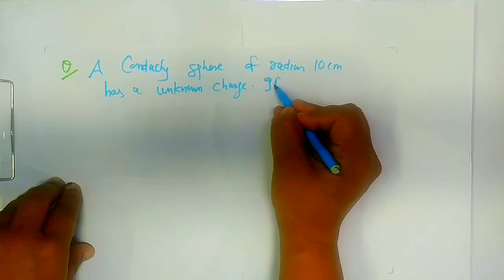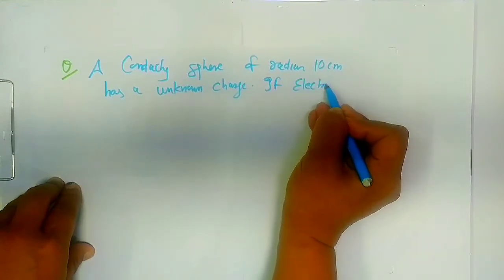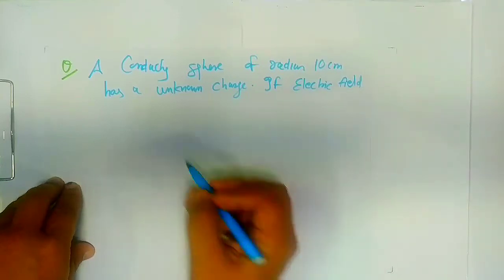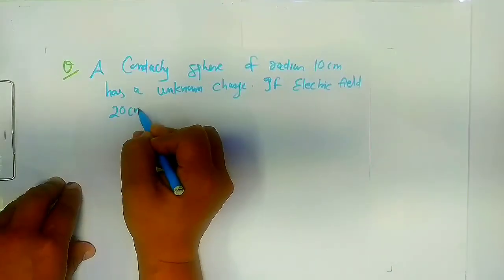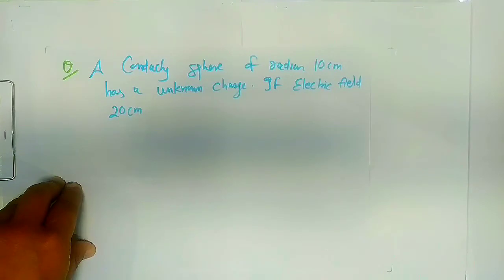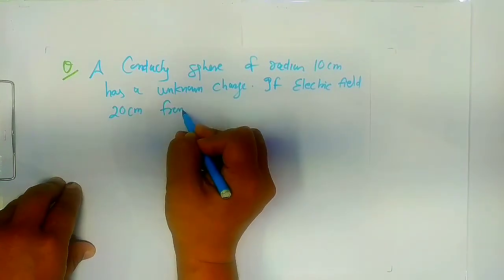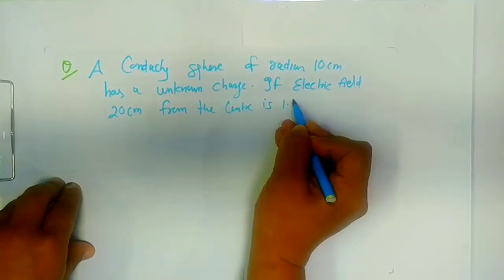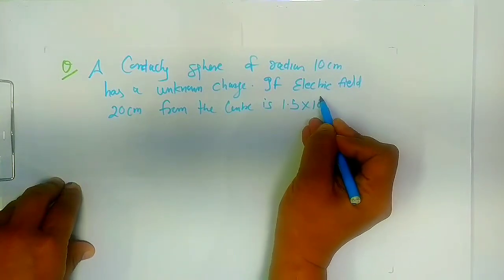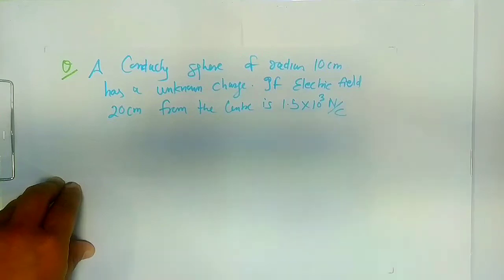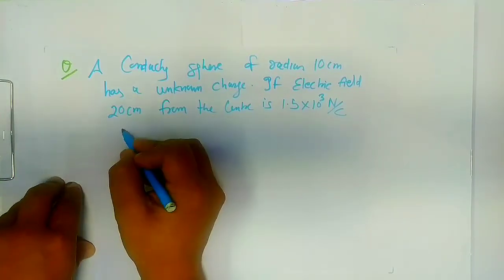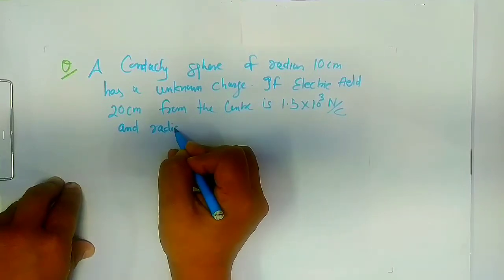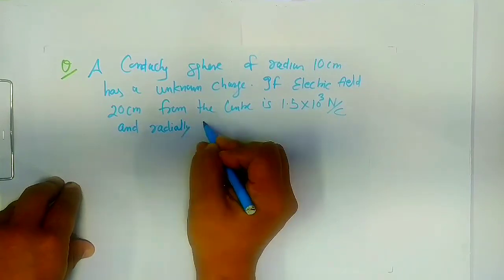If the electric field 20 centimeter from the center of the sphere is 1.5 into 10 to the power 3 newton per coulomb, and it is not radially outward, it is given radially inward.